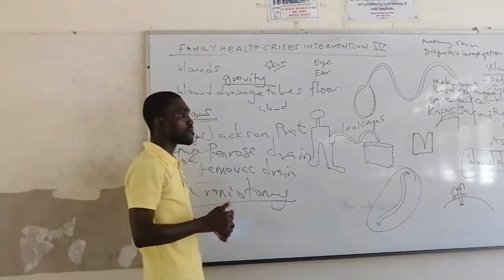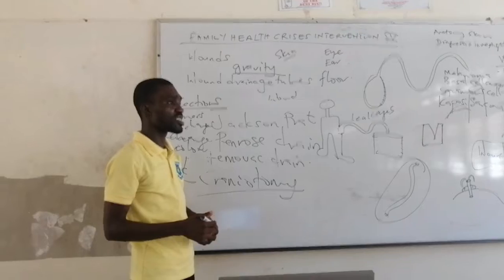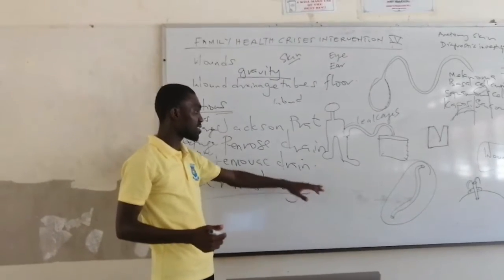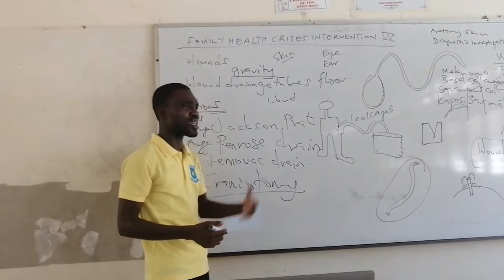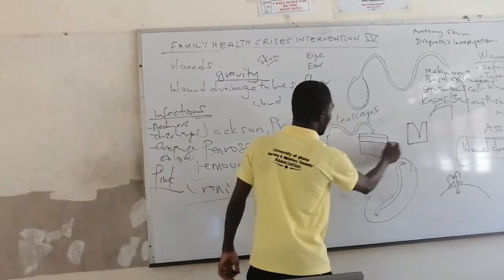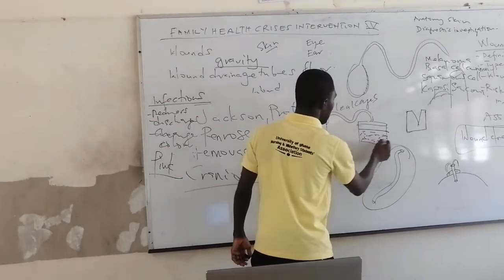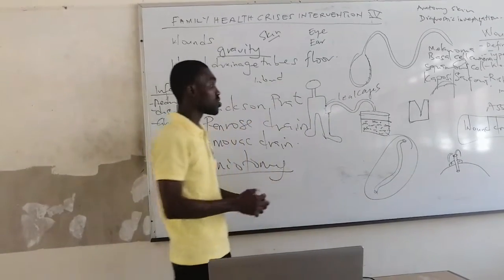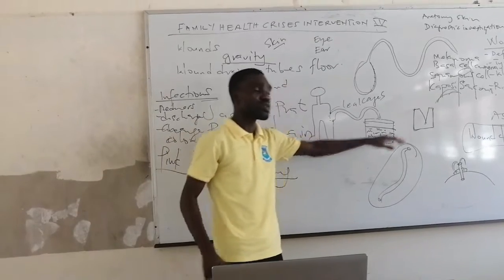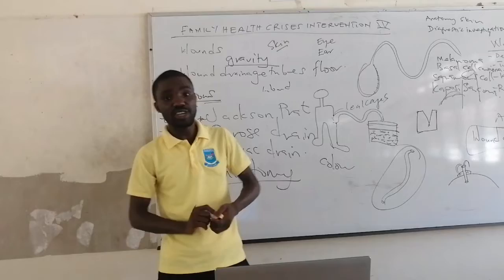And then at every shift, nurses, most of the time we run shifts. So at every shift, so that will be like every 6 to 8 hours, you have to monitor the amount of the drainage in the bag, right? So note the amount, note the color, the consistency of the drainage, right?